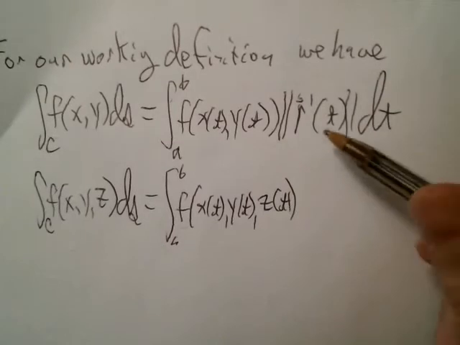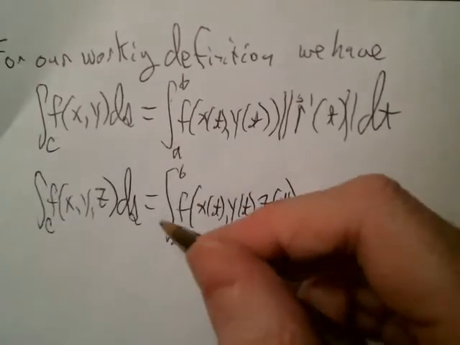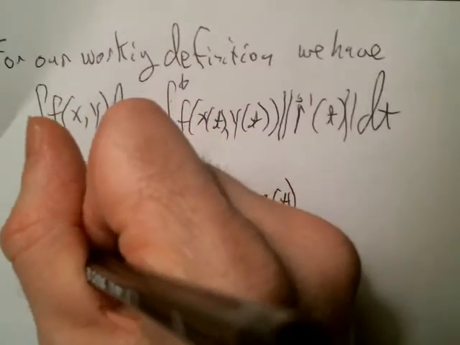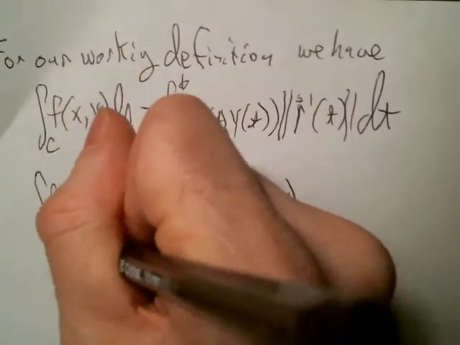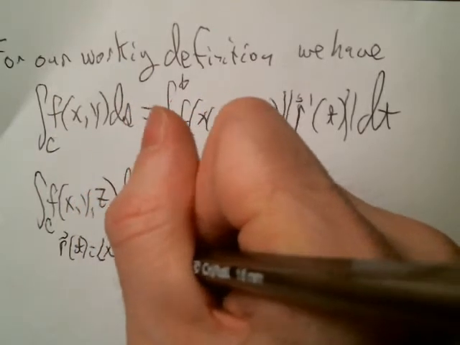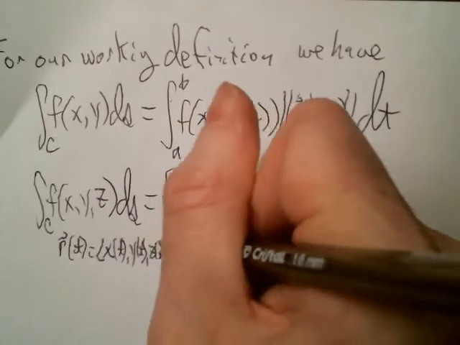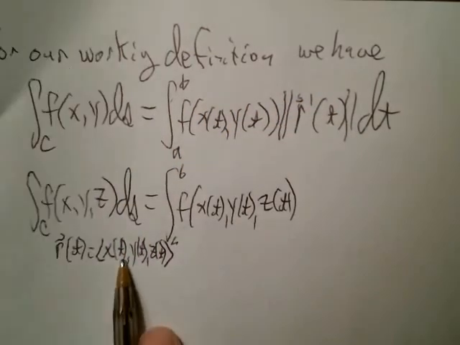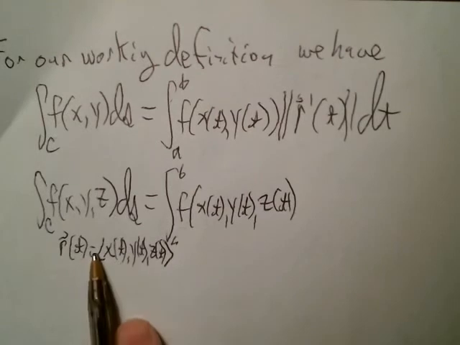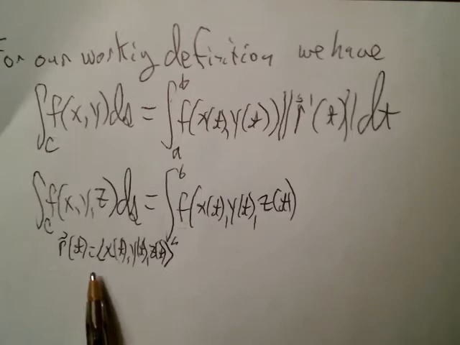And then the magnitude of the derivative of this curve, which will also be in 3 dimensions. So now my curve r of t is, I'll write it all out, x of t, y of t, z of t. The magnitude of the derivative of this thing is just the square root of the components of the derivative squared.